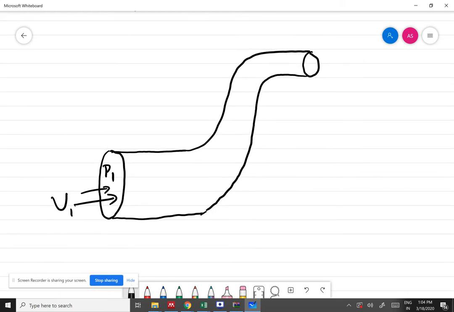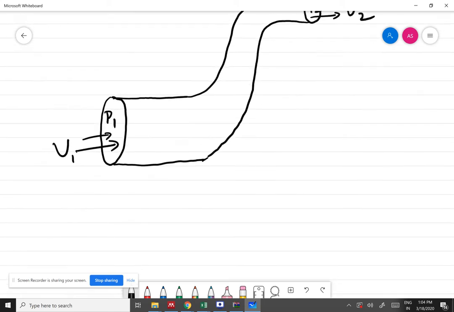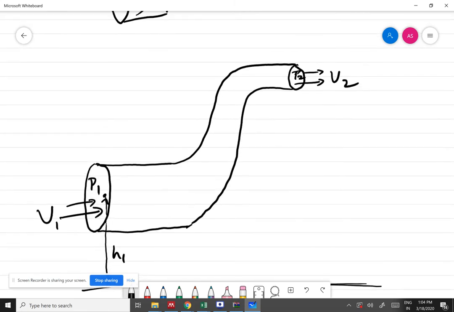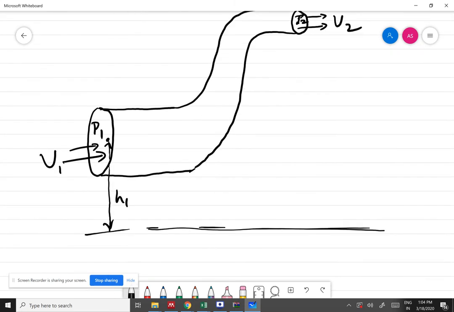Here the pressure is P2, and water is moving out of this point at velocity V2. Suppose this is the ground level. From the ground level to the center of this point, the height is h1, and to the center of this tube here, the height is h2.